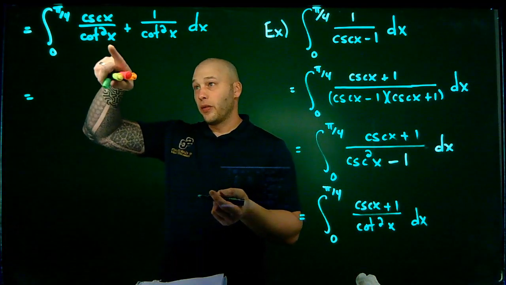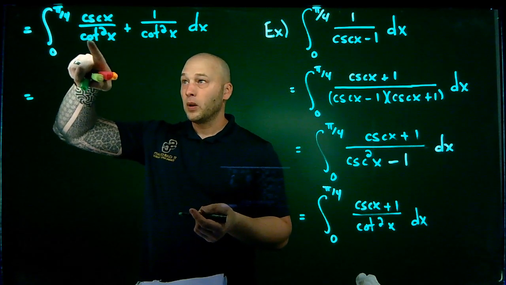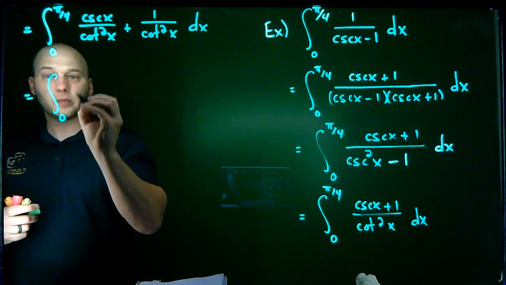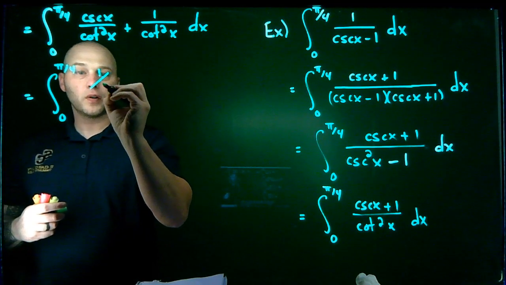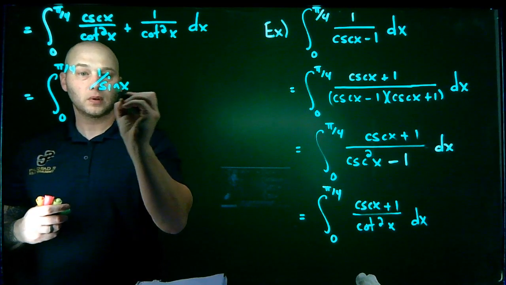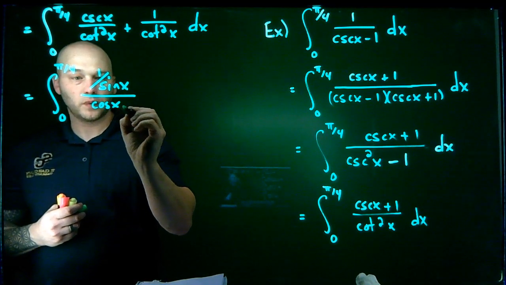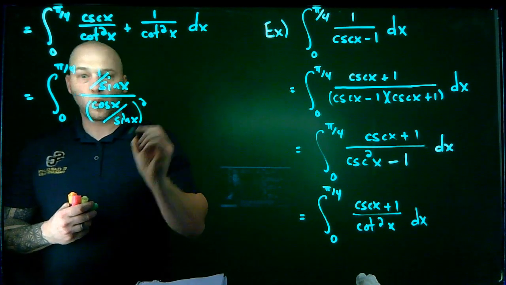differently. This first one I'm going to again write in terms of sines and cosines. Cosecant, of course, is 1 over sine. This gives me the integral from 0 to pi over 4 of 1 over sine over, so cotangent would be cosine over sine, and then I've got that squared.